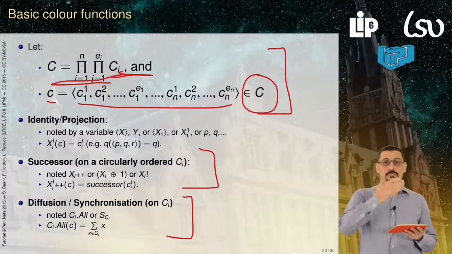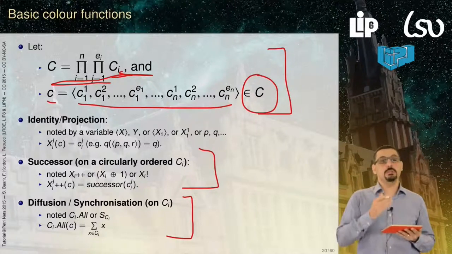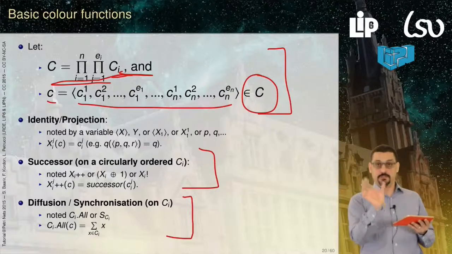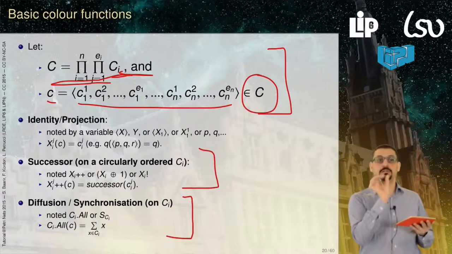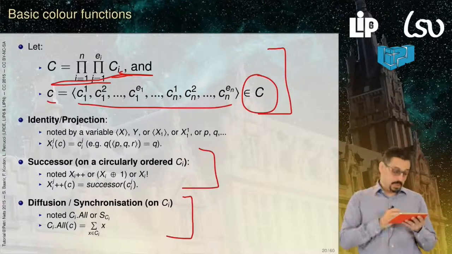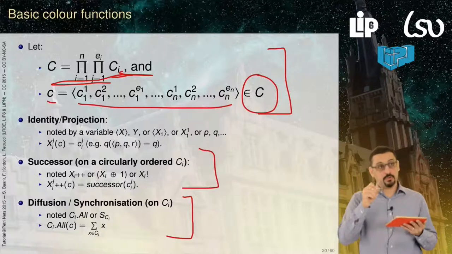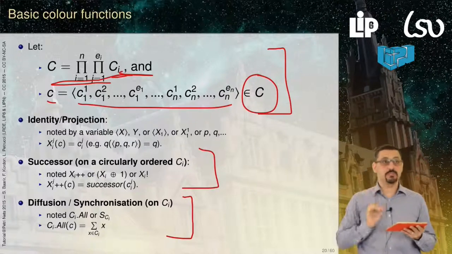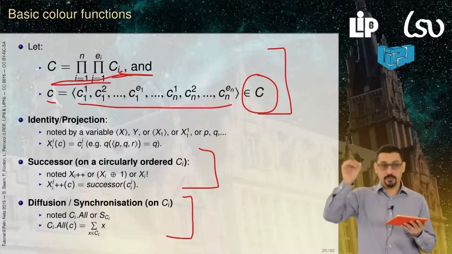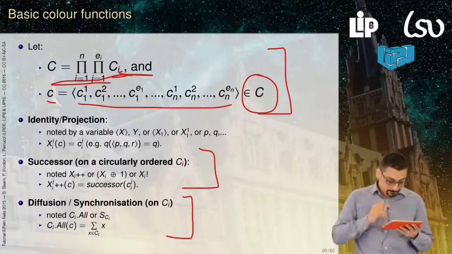For example, if you have the color domain C1 cross C2 cross C1, and you want to extract the first element of the tuple, you have just to write something equivalent to x1 to extract the first element. To extract the second element, you have to write x2, and so on.